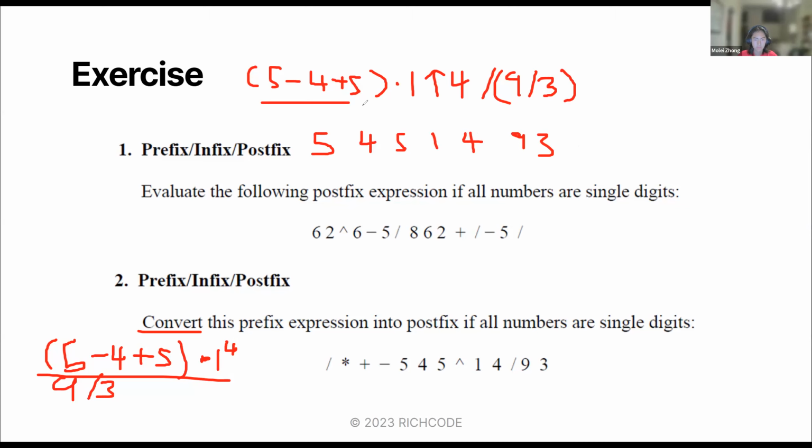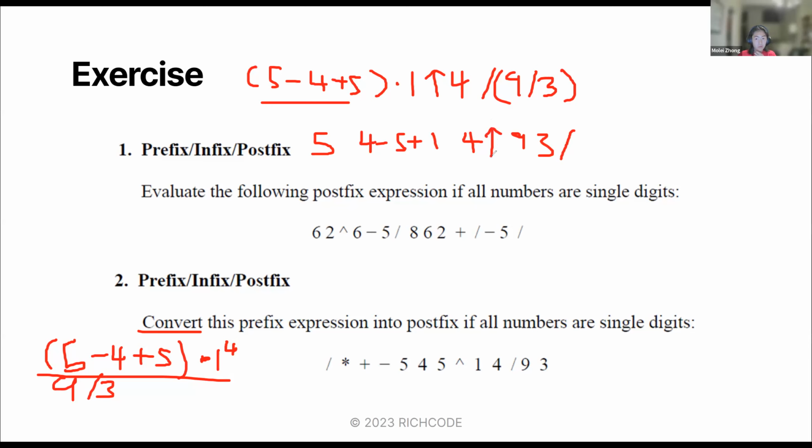And then we have a plus 5, so we add the plus after the 5. And in the back here, we have 9 divided by 3, so we take the division and put it after 9 and 3. And then we have an exponent, 1 to the power of 4, so we put the exponent after the 1 and 4, like so.